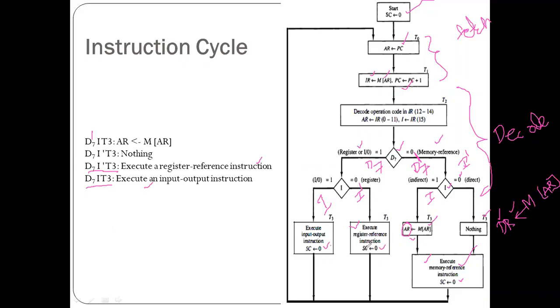During the same T3 interval, we also activate the clear input of the sequence counter. So this starts again from the T0 state, and it proceeds with fetch, decode, and execute of the next instruction. This is the complete instruction cycle execution.